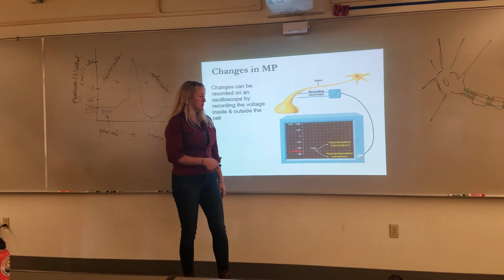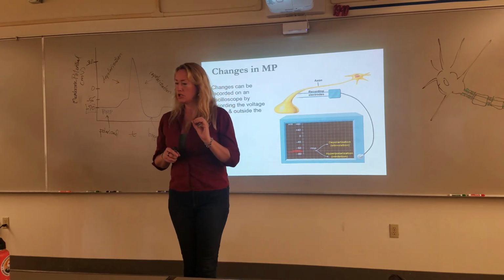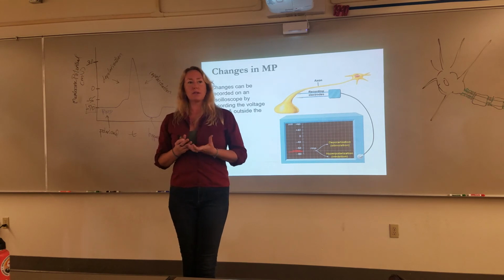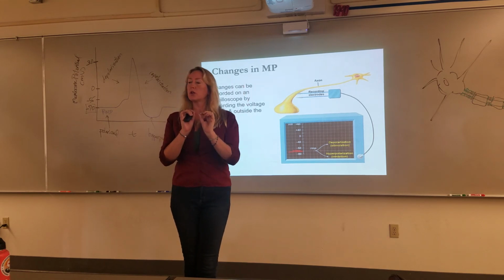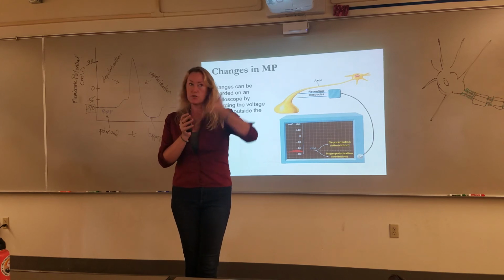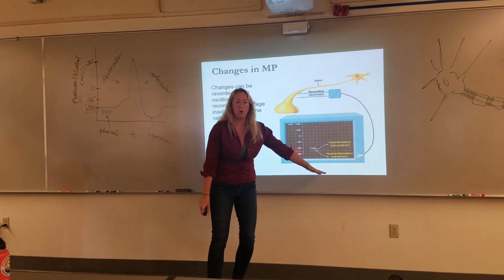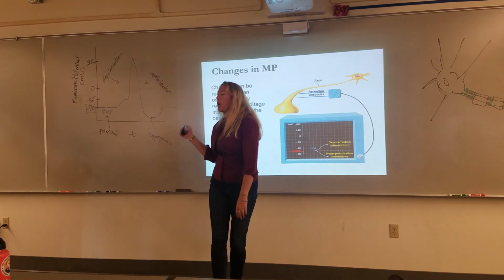Now the other opposing side of this is that if we inject negative charge, or we allow positive charge to leave the cell, or we put on a neurotransmitter that causes either of those two things, positive charge to leave, negative charge to enter, you will drop the membrane potential more negative. Hence, you will hyperpolarize that cell.